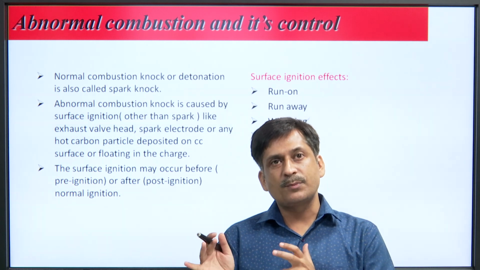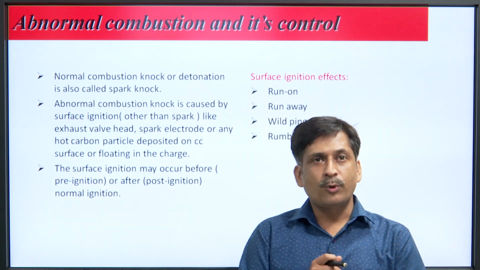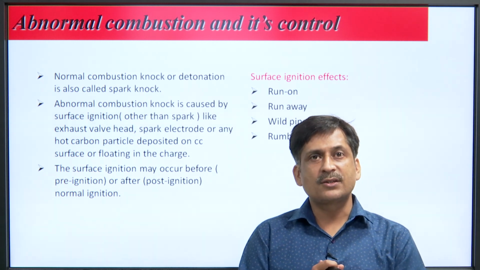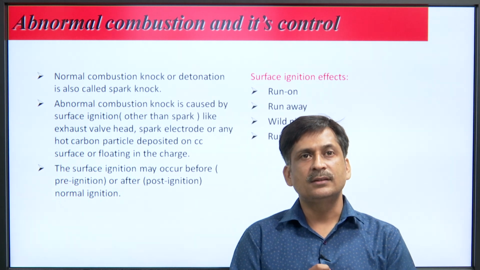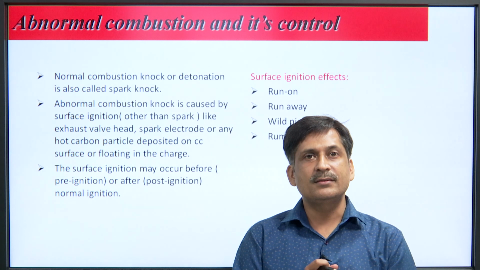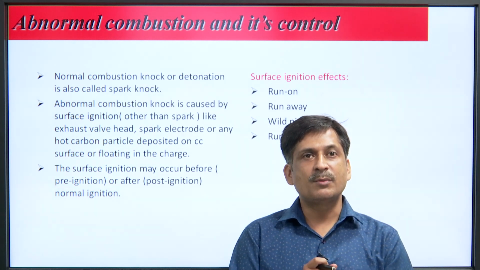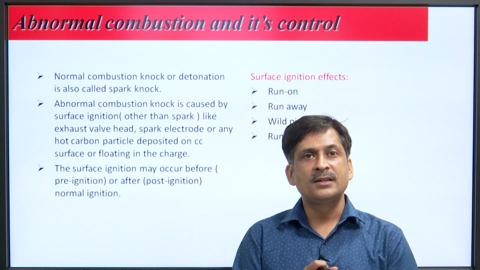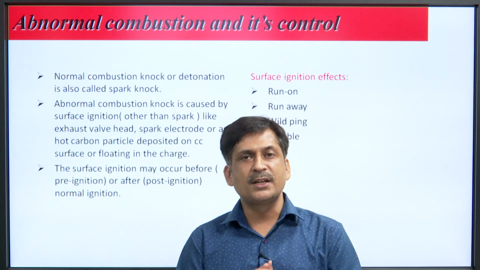If the knock is because of detonation, it is called spark knock. Second, abnormal combustion knock is caused by surface ignition, that is, ignition other than by the spark, such as from the exhaust valve head, spark electrode, or any hot carbon particle deposited on the combustion chamber surface or floating in the charge.